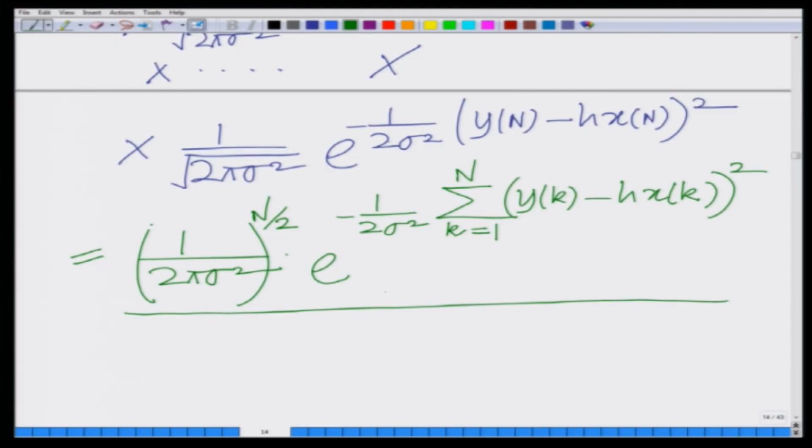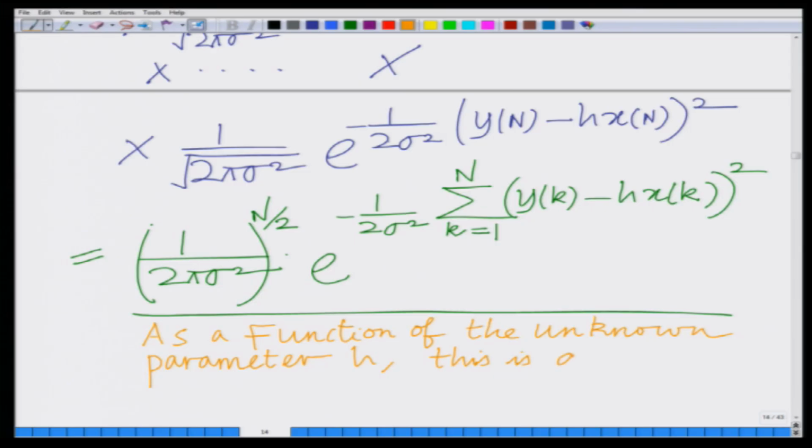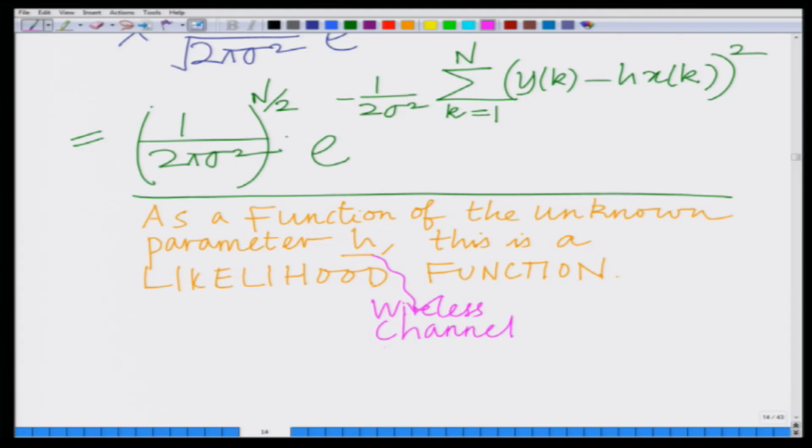So, viewed as a function of the unknown parameter h, this is your likelihood function, the likelihood function of the unknown parameter h, which is basically your wireless channel coefficient.